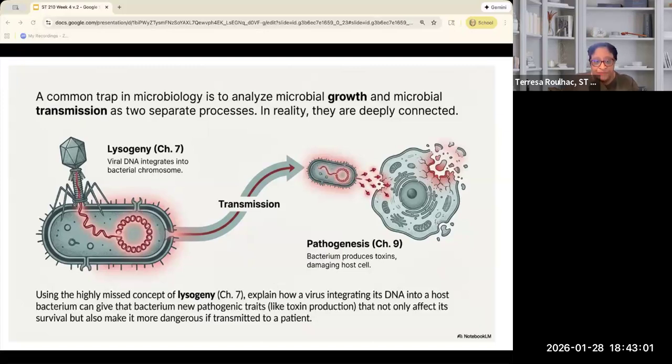Now, here is the key connection between lysogeny and transmission. If this bacterium is transmitted through contact, surfaces, or even our instruments, it's not just being moved, it's delivering new genetic instructions into our patients.